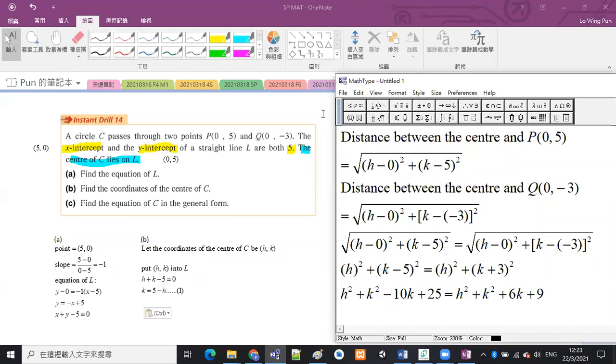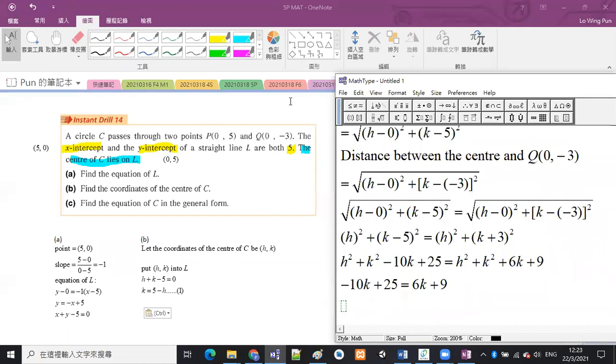And again, can you see that the h squared terms can be cancelled by each other, and the k squared terms can also be cancelled by each other. So what is remaining? Yes, that's okay. Oh, this one is actually very easy. What is remaining is negative 10k plus 25 is equal to 6k plus 9.